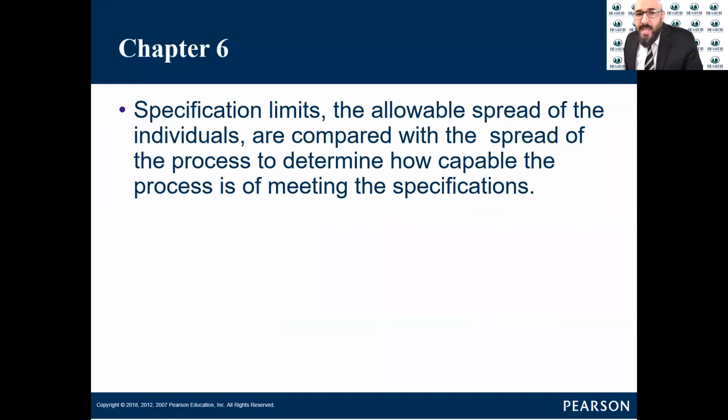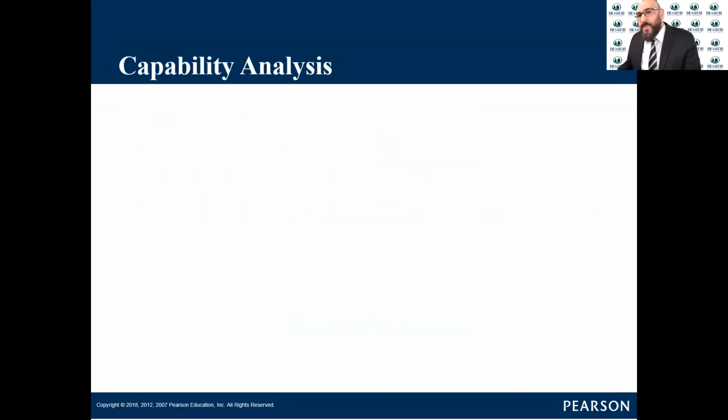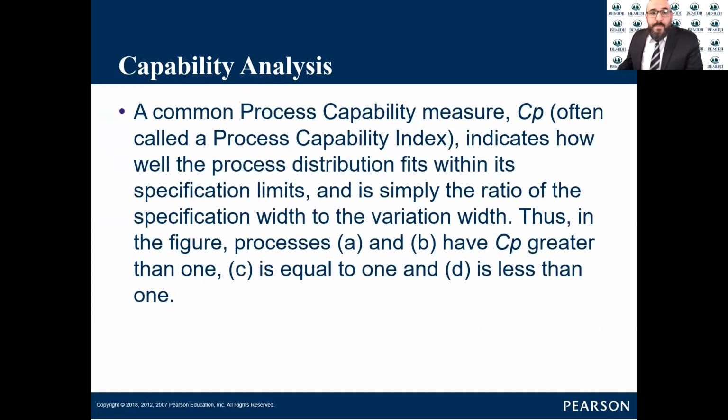Specification limits, the allowable spread of the individuals, are compared with the spread of the process to determine how capable the process is of meeting these specifications. Capability analysis: a common process capability measure is the CP, what we call the process capability index.